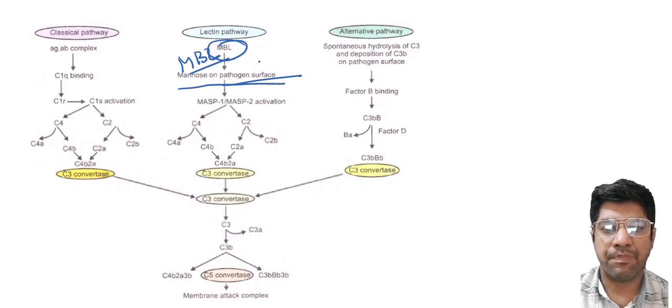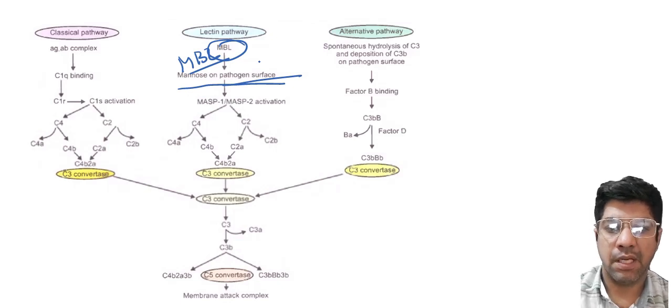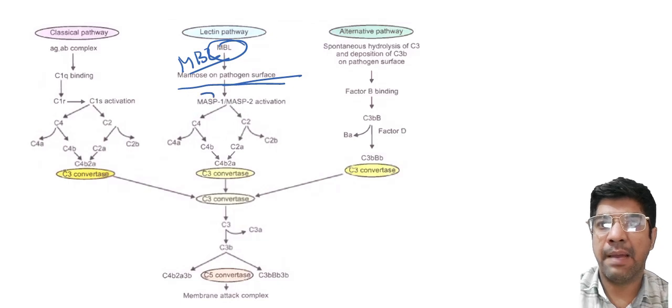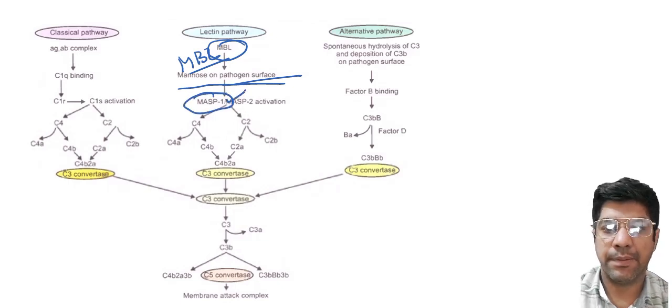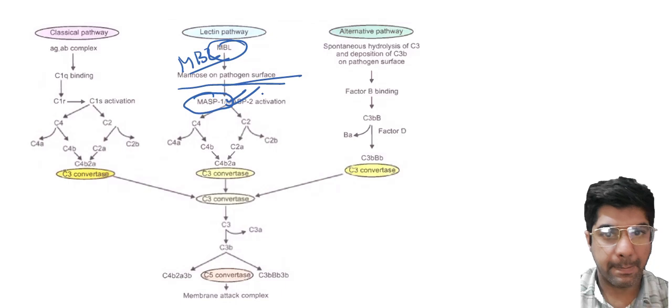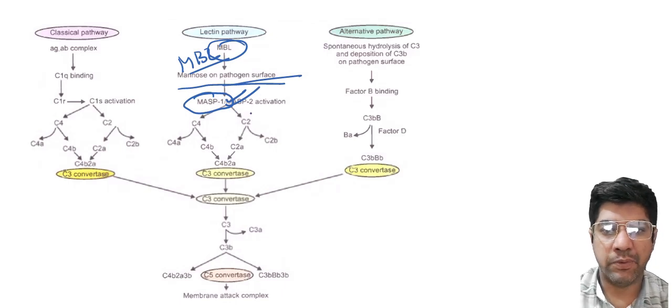When this mannose binding lectin binds to the foreign surface of a pathogen, specific proteases known as MASP1 and MASP2 bind to MBL.